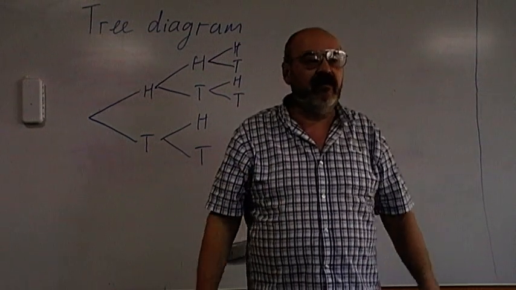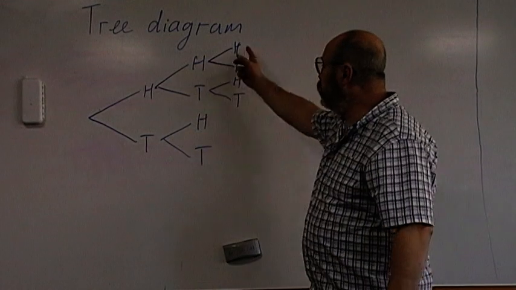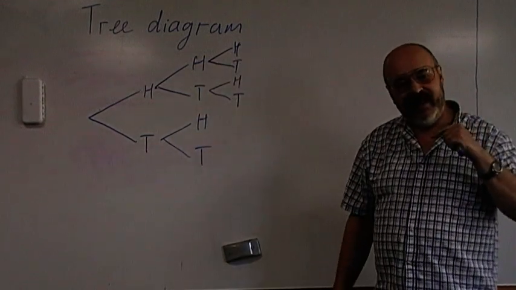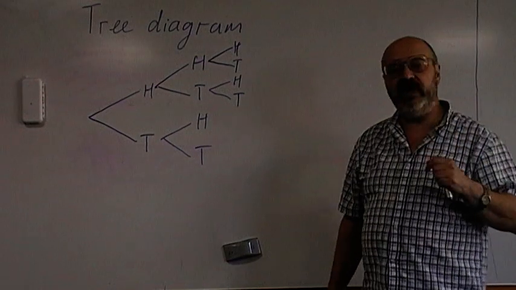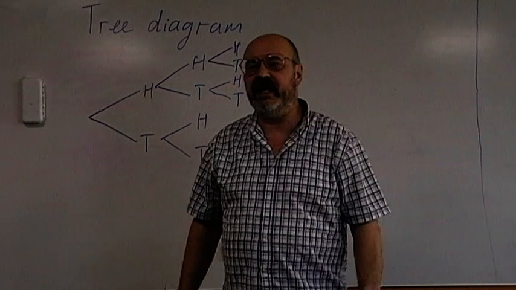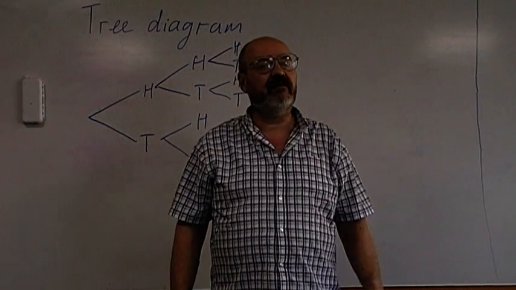50%. 1/2. Yeah, so that's what we said. It's 2 possible outcomes. For example, you toss 2 coins and the probability of getting 1 head, 1 tail is 1/2.